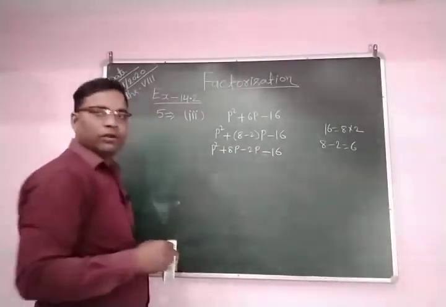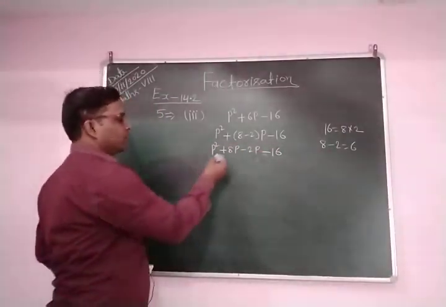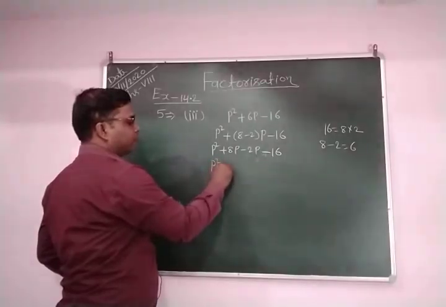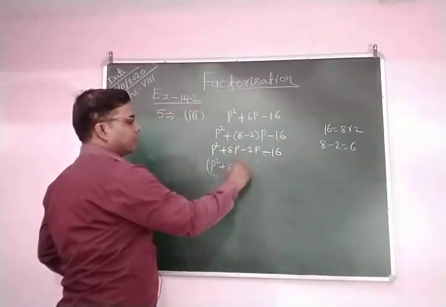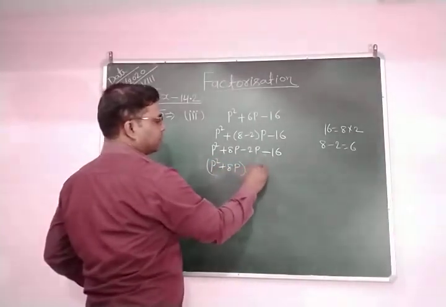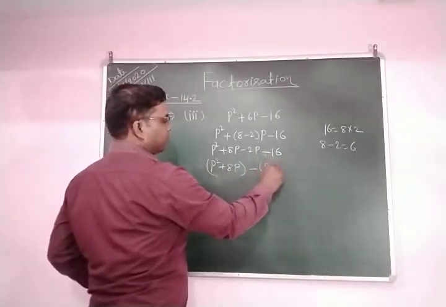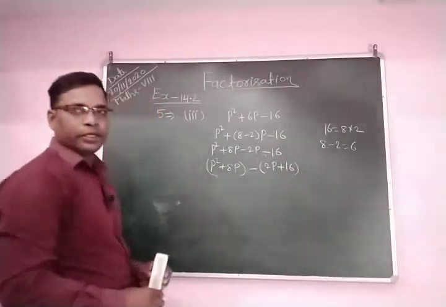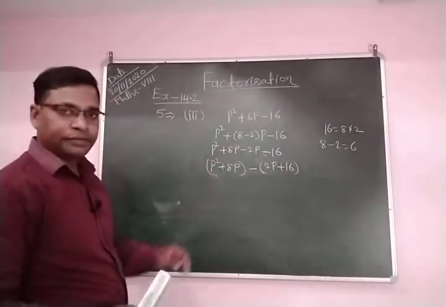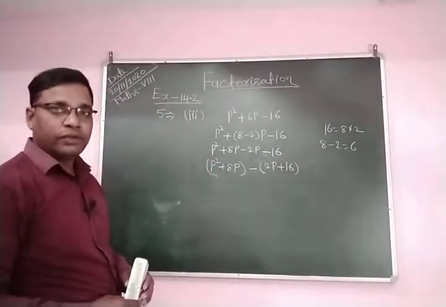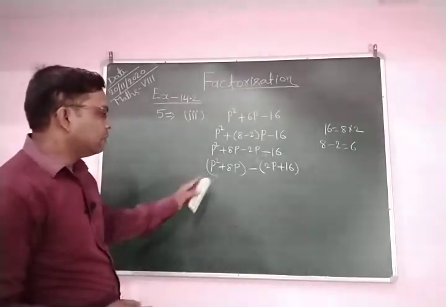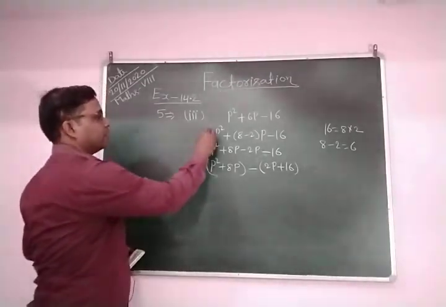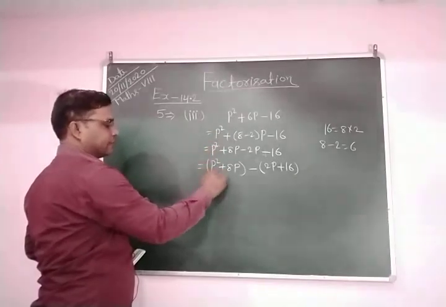Clear? Now if you group it, then we obtain p square plus 8p in one group, and if you take minus common, we obtain minus of 2p plus 16 in the second group. What is common between them? Here you can see the common in the first group is p.